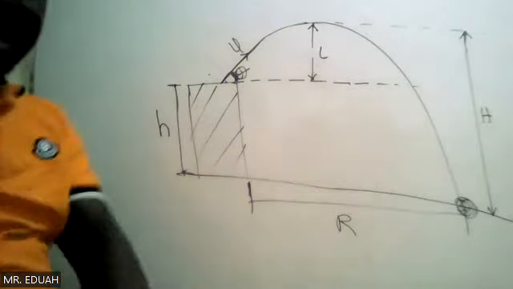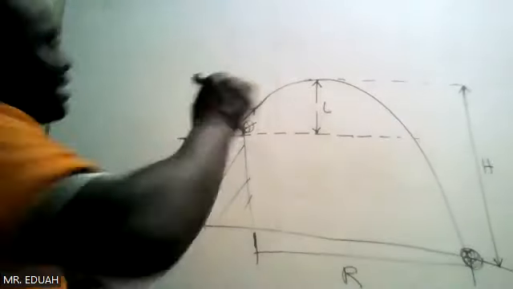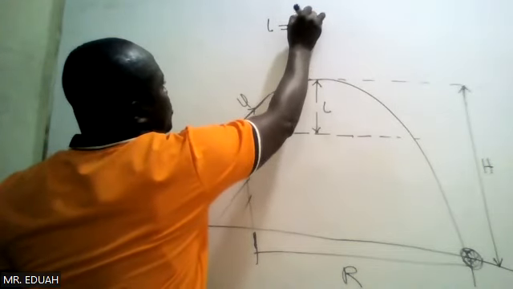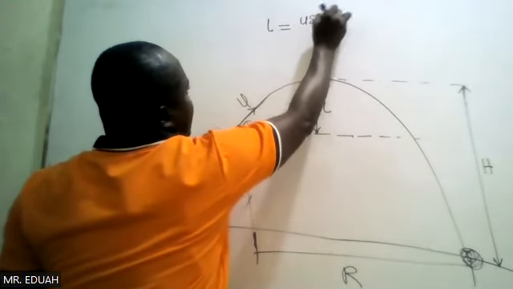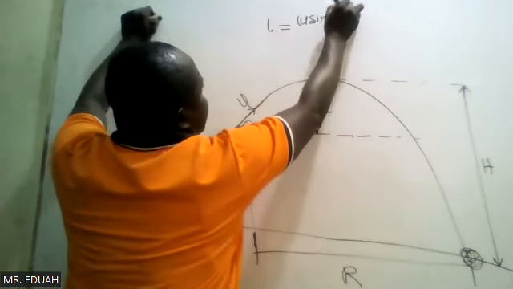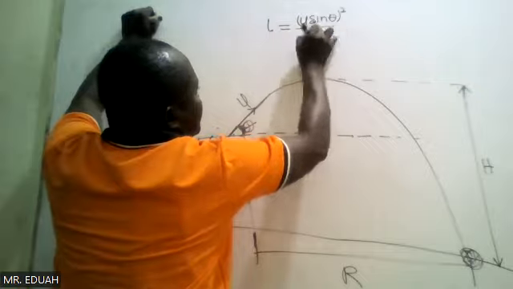From what we've learned, the maximum height L is given by u sine theta squared over 2g.